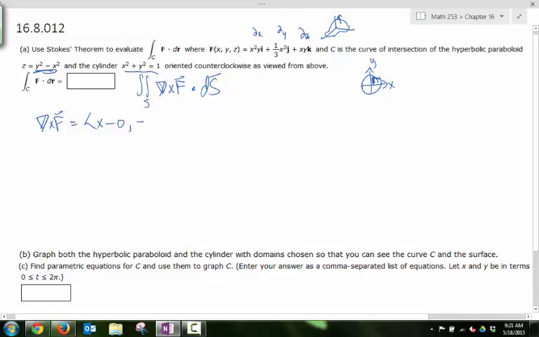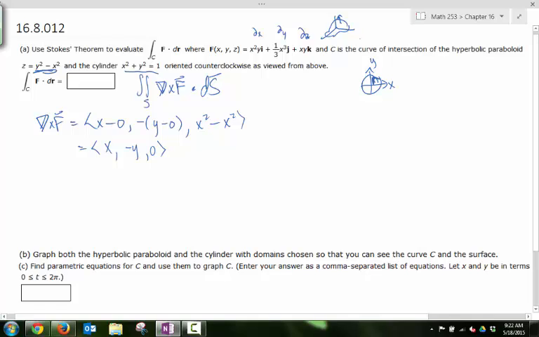For the middle term, let's throw a negative sign: the derivative of the last term with respect to x, and then the derivative of the first term with respect to z. Again, there's nothing. And then the last term would be the derivative of the middle term with respect to x, which is just x squared, minus the derivative of the first term with respect to y, that's x squared, so that goes away and becomes 0. So our curl ends up looking like this.